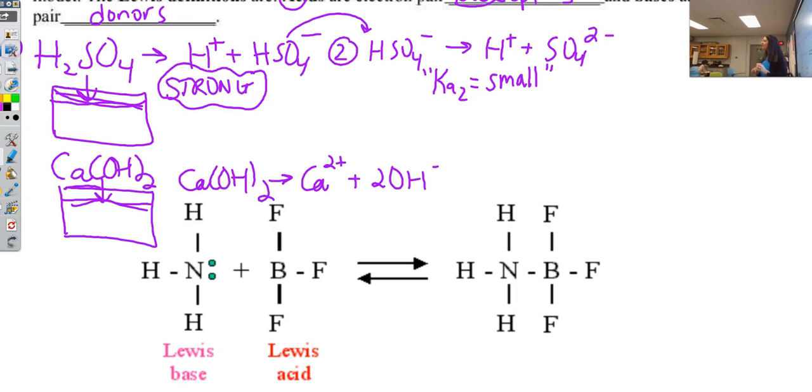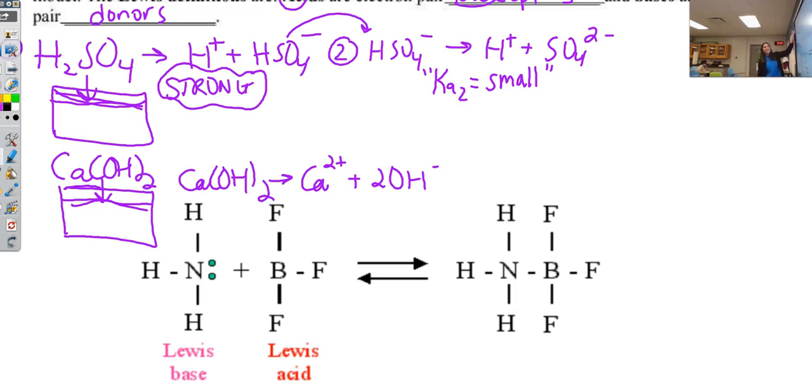Does anybody remember? I always like to do the acid because it starts with an AC. We said that the Lewis acid does what? Accepts the electron pair, and the base is the electron pair donor. Okay, so acceptor, acid, AC, they both start with an AC, and then a BD, but I don't know if there's a way of remembering that.